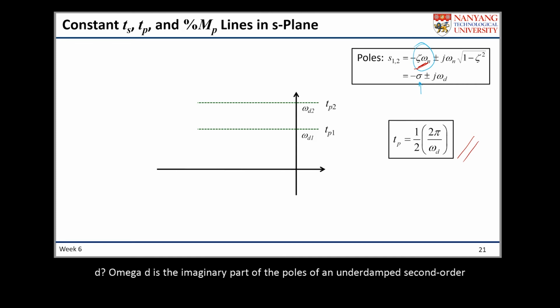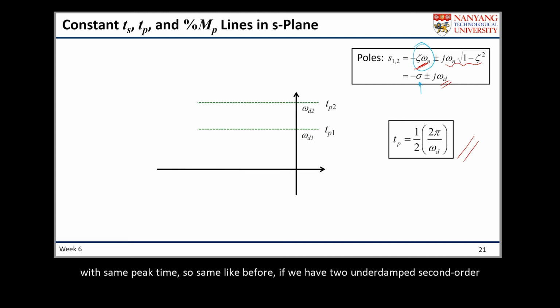What is omega d? Omega d is the imaginary part of the poles of an underdamped second order system. So what does it mean? This horizontal line will tell us the systems with the same peak time.